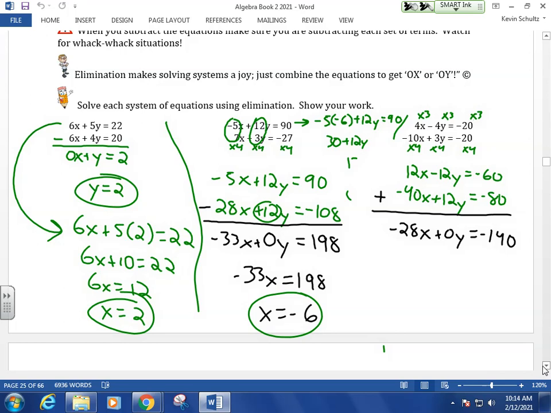We can eliminate that y variable. That's why we do what we do. And so we have negative 28x equals negative 140. Okay? One-step equation, divide both sides by negative 28. X equals 5.